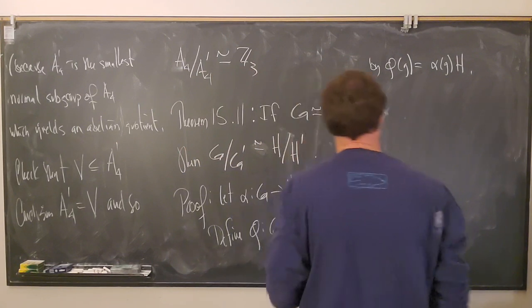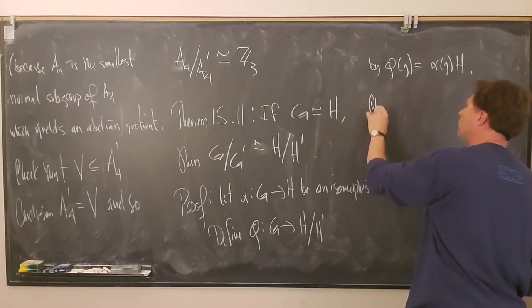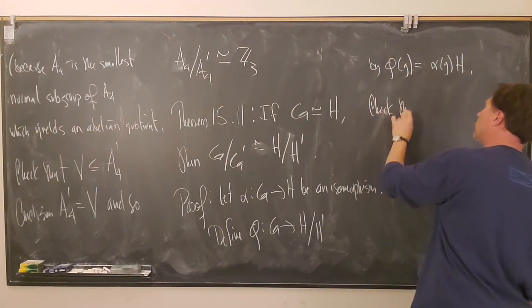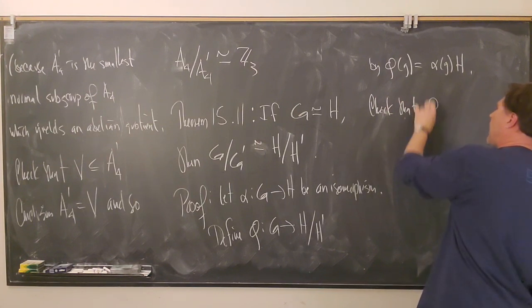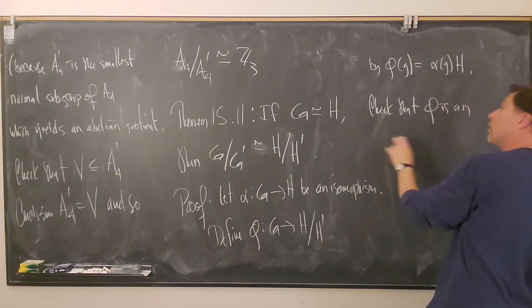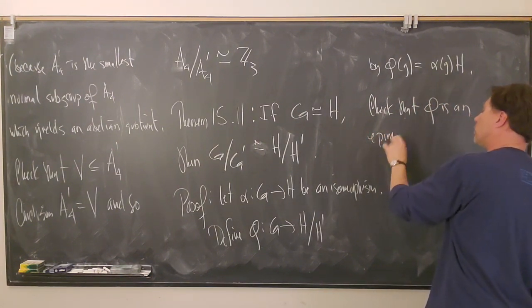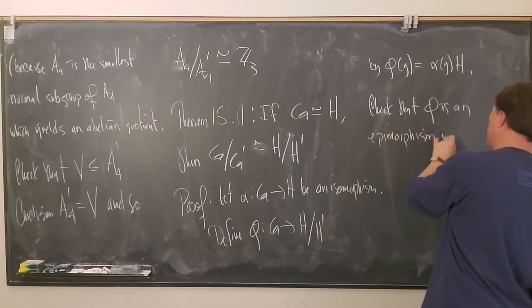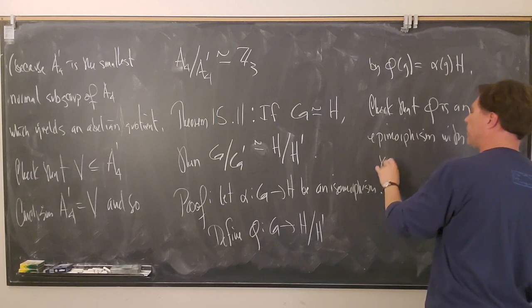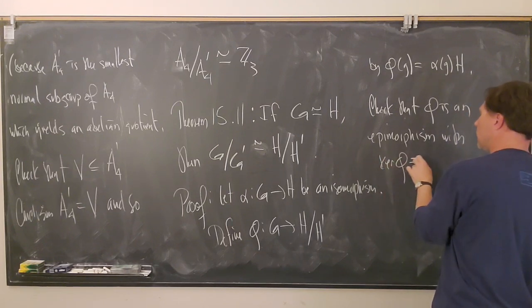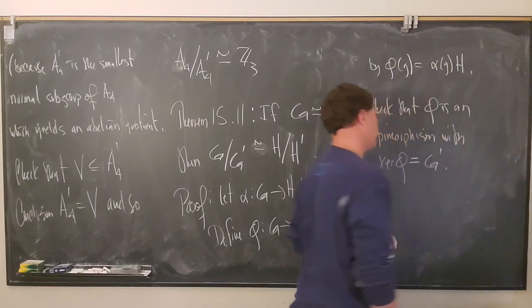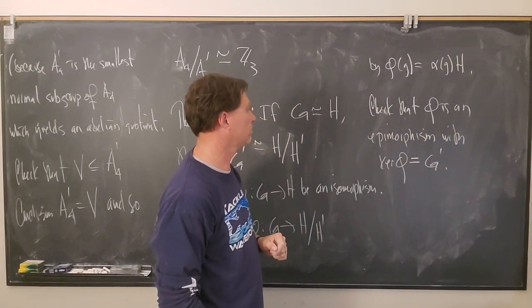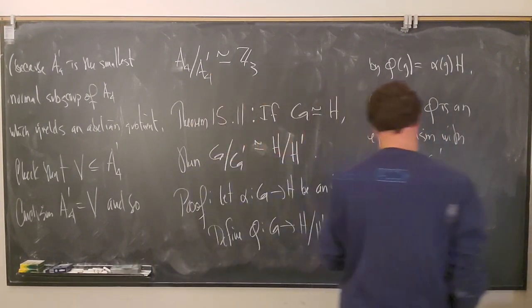And I'm just going to say check that phi is an epimorphism with kernel of phi equal to exactly G prime. Now apply the first isomorphism theorem.